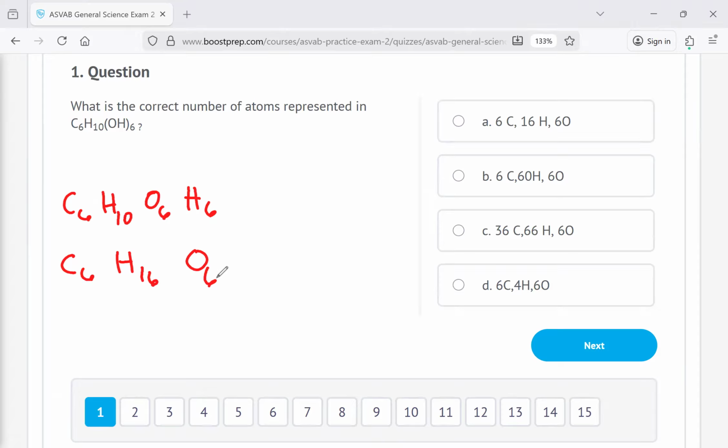I think it's A. So we said it was six carbons, 16 hydrogen, and six oxygen. So yeah, six carbon, 16 hydrogen, and this is not 60, but six oxygen. So I think it's A.